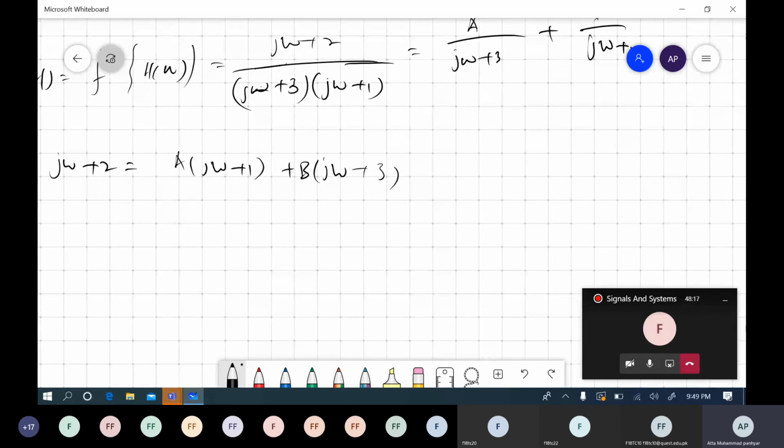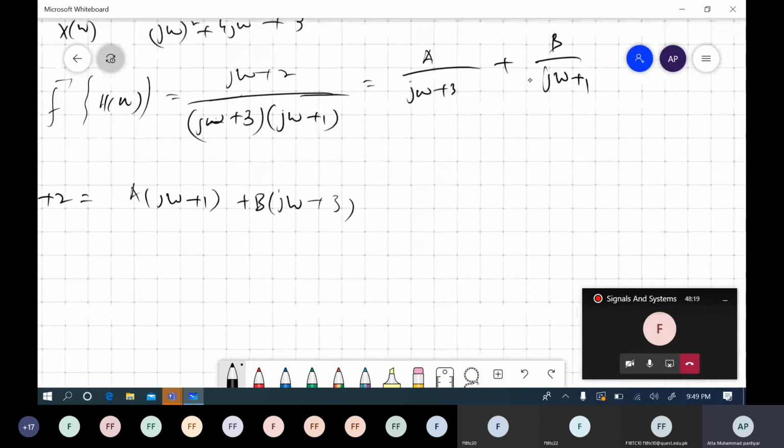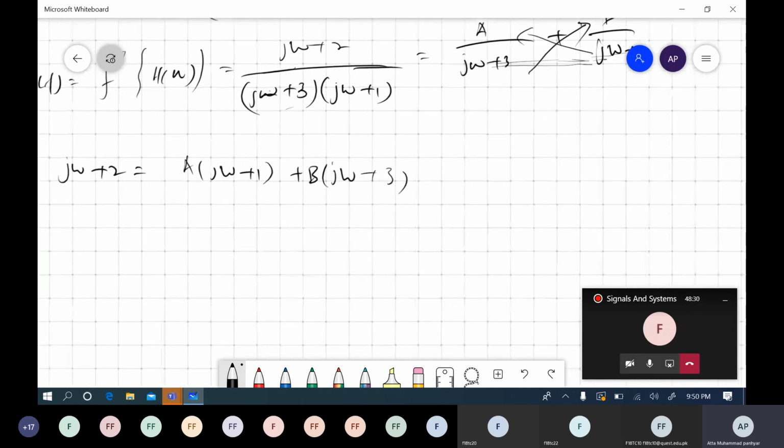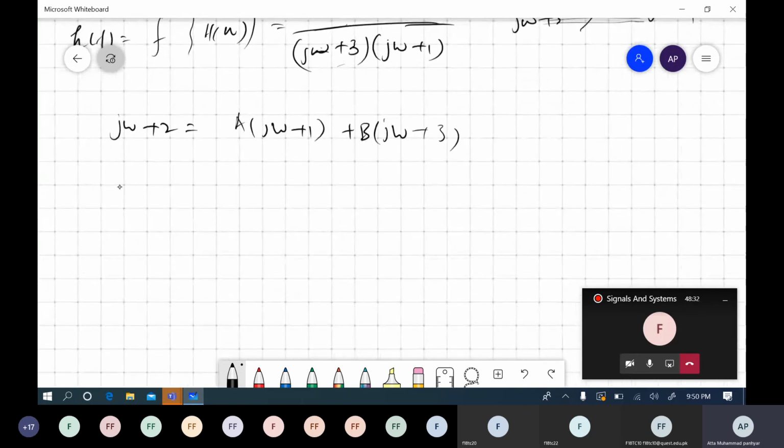because when you take the LCM of this, you multiply this with this and this with this, then these terms cancel and we are only left with this signal. Now solving it further, j omega plus 2 is equal to A j omega plus A plus B j omega plus 3B, right?